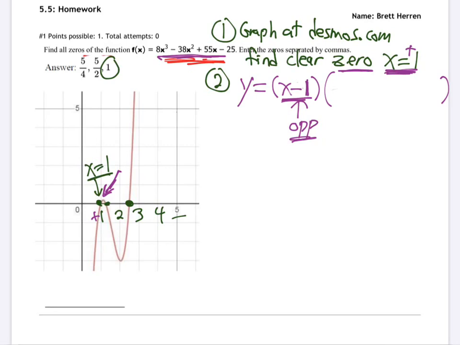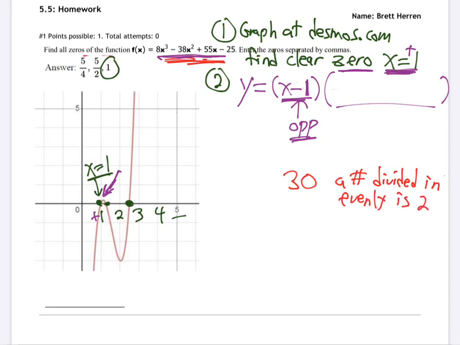Okay, so how do we find out what goes in this other parenthesis? We're going to do it by dividing. Let me show you. Let me go for an example. What if I had the number 30, and I said, hey, I'm going to give you a number that divides in evenly, and it is 2?